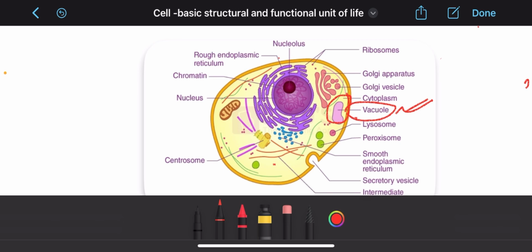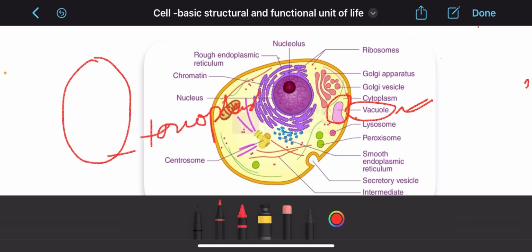These are clear spaces with water and other substances in solution. This vacuole has an outermost covering which is known as the tonoplast.